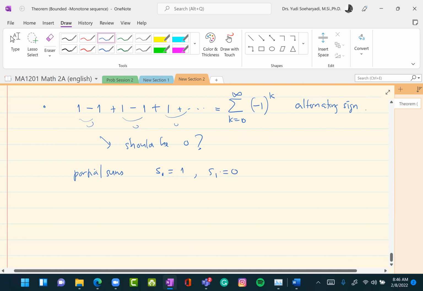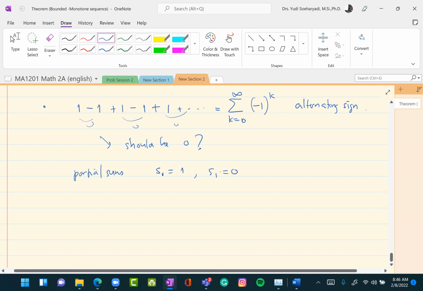Okay. Let me write this down. If you have a sequence, say from 0, doesn't matter, you can split this up to some number there.